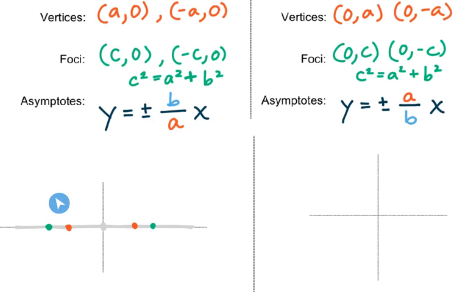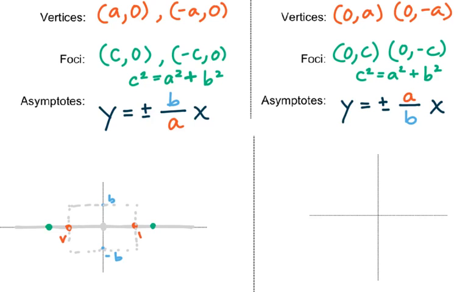The easiest way for us to draw these is to draw the asymptotes. And this is a really helpful way to think about it: we have a horizontal distance out, which is A. We have a vertical distance up, which is my B. So I'll have a positive B and a negative B. What that allows me to do is draw a box, a rectangle, through my A and B values.